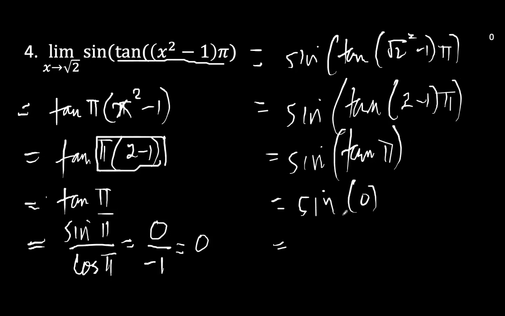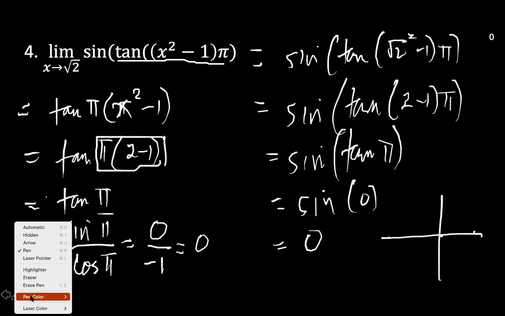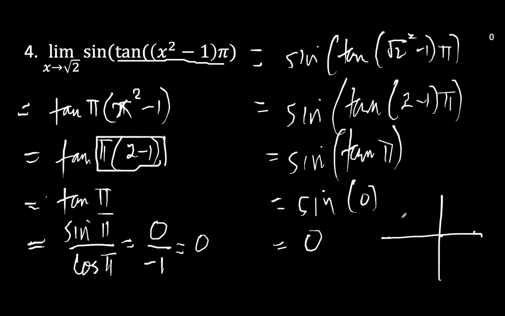So we have sine 0 is equal to 0. Why 0? Because 0 degree or 0 radian is here, and the point here is (1, 0). Sine means y, so therefore the y here is 0. That's why the answer is 0. So I hope we get the same answer as well.